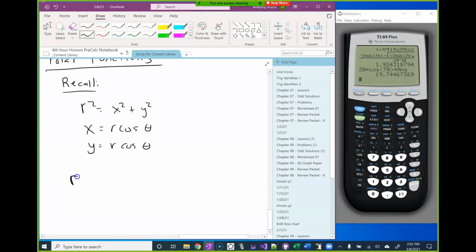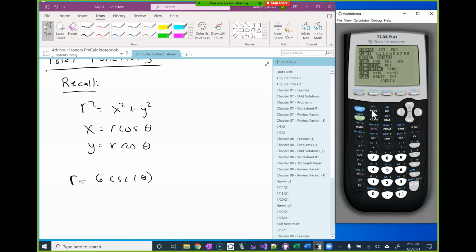So let's say we have the polar function 6 cosecant theta. Let's say we want to look at the graph of this. So one way we could do that is we could graph it on our calculator.